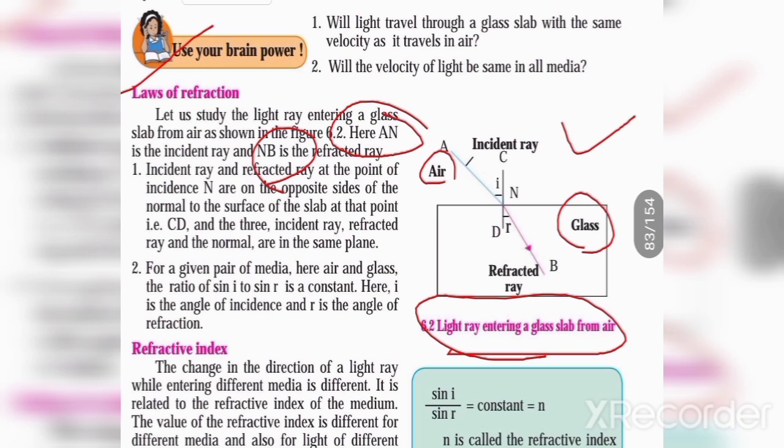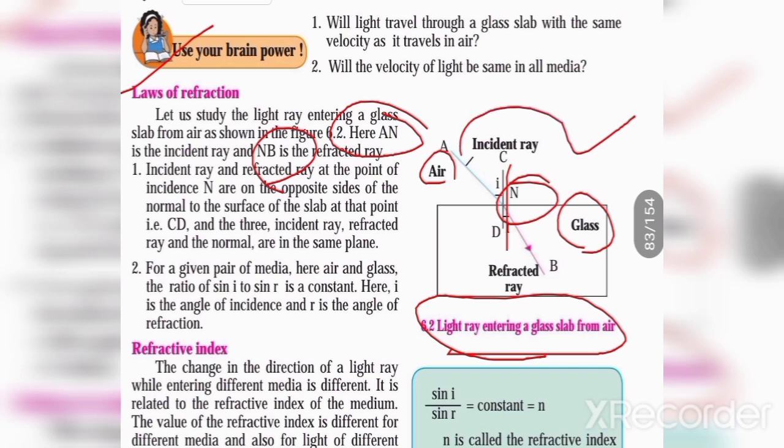The incident ray and refracted ray at the point of incidence N are on opposite sides of the normal to the surface of the slab at that point, CD. The incident ray, refracted ray and normal are in the same plane.